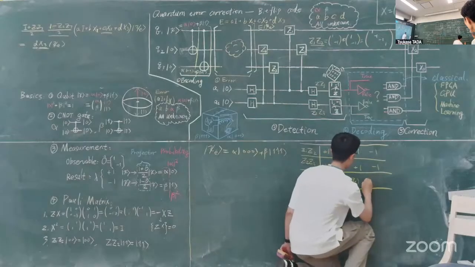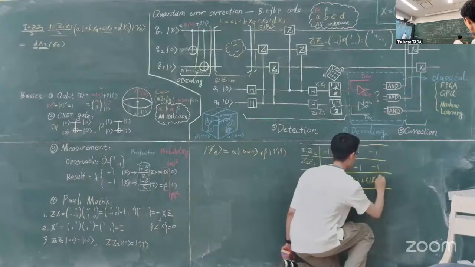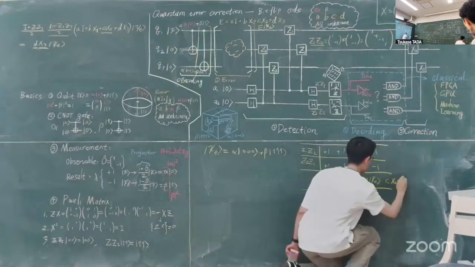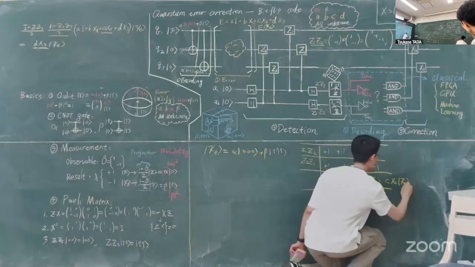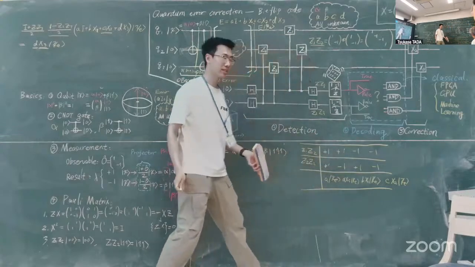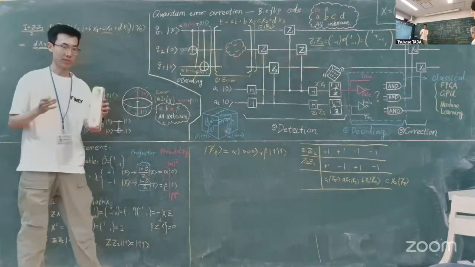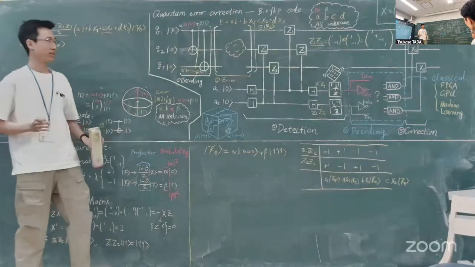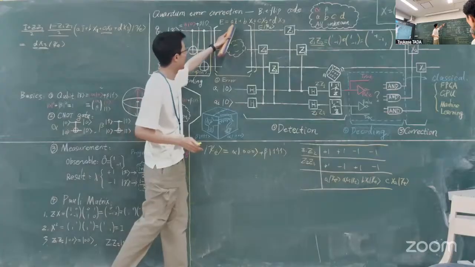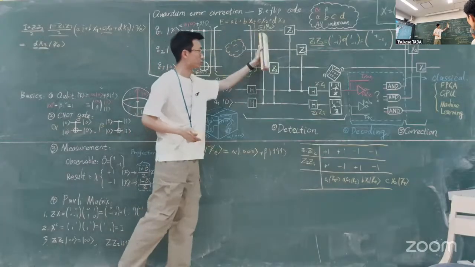And similarly, we will find that all the results correspond to some discrete error. For example, this is b x1 psi e, and this corresponds to c x2 psi e. So we will see that after the measurement, the noise is collapsed into the discrete identity, x1, x2, x3.